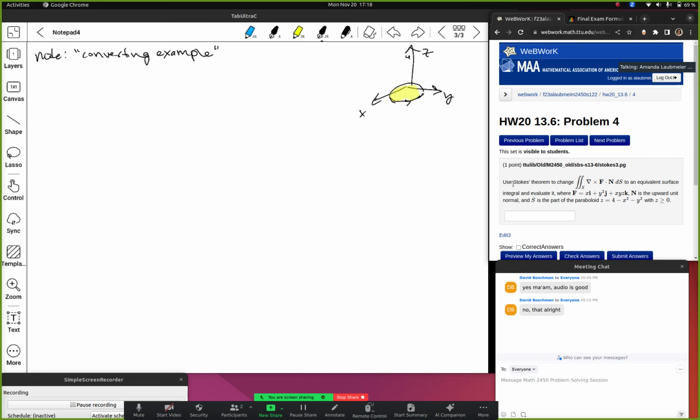Z is 0 everywhere on that surface, and the normal vector is easy, it's k hat, like in the previous example. So the reasoning here is I could have converted my first surface, S1, into this line integral.